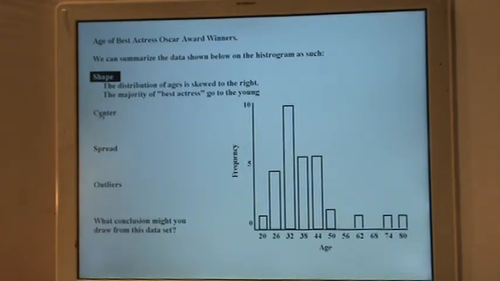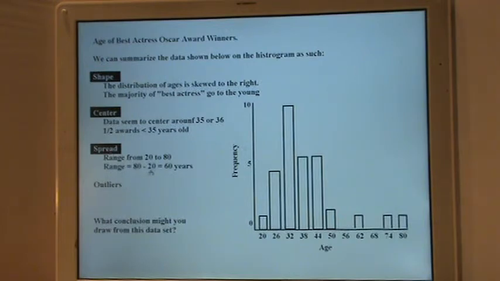We can talk about the center of the distribution. Well, the center seems to be around 35, or I think if we took the center point, it would probably be around 35. The spread of the distribution, the range is from age 21 up to 80. It's about 60 years.